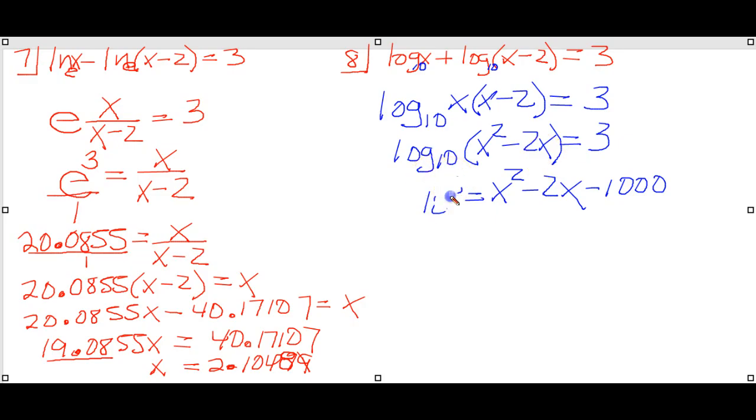And now this becomes a 0. And we're going to use the quadratic formula to solve it. Our a is 1, our b is negative 2, and our c is a negative 1,000. And that gives us our answers.